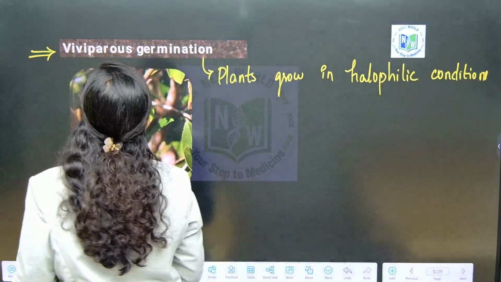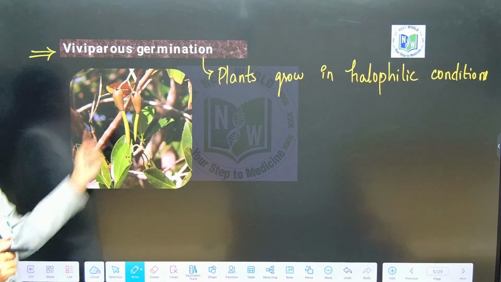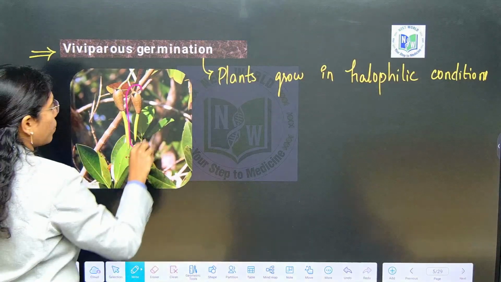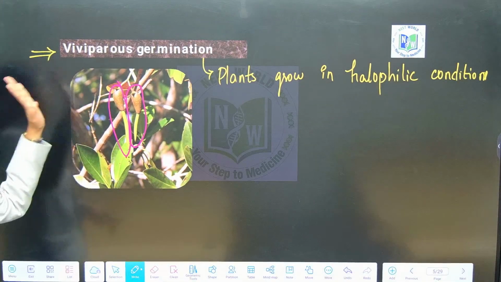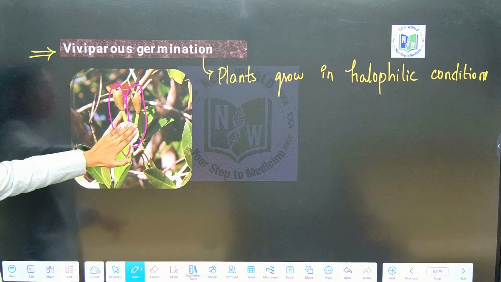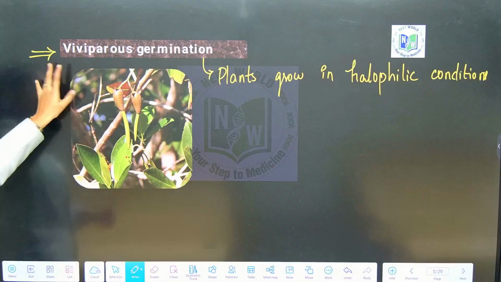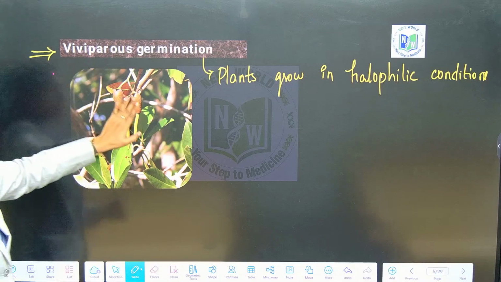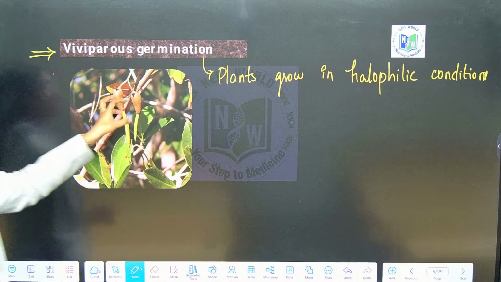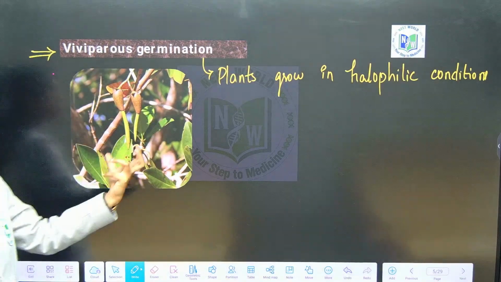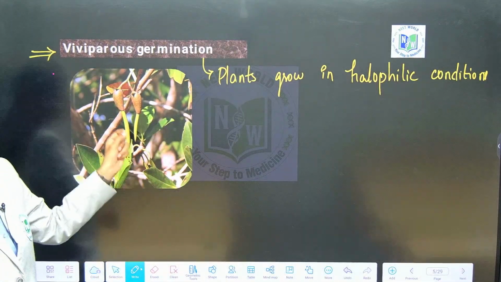So, to escape the seed dormancy, seeds when they remain in the plant itself, they start germinating, and these seedlings landing onto the substratum will grow into a complete plant. Seed germination occurs when it is on the parent plant itself, that is viviparous type of seed germination. The seed germination is happening on the parent plant because the halophilic conditions there will not allow the seed to germinate on the ground.